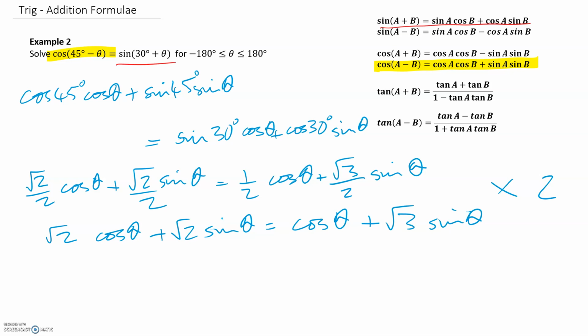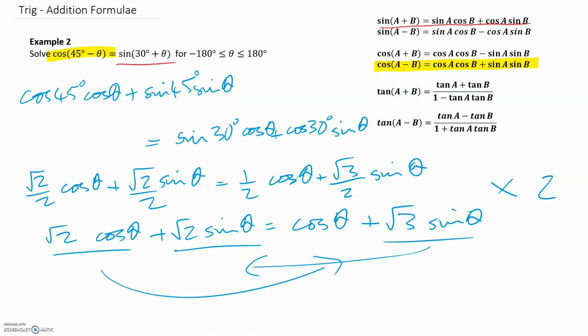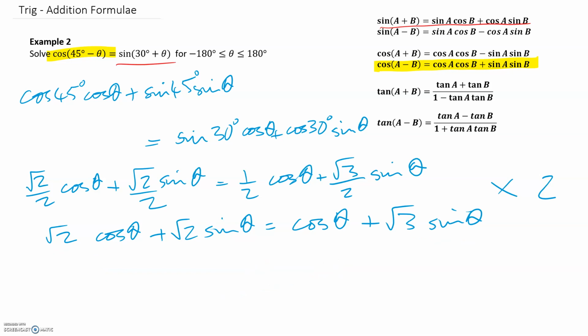Now we want to get all the coses and the sines on the same side. So if we get all the sines on the left hand side, so if we move this over to here, and if we move this over to here, we can then factorize. So let's just do that.